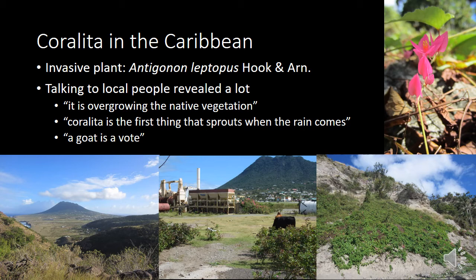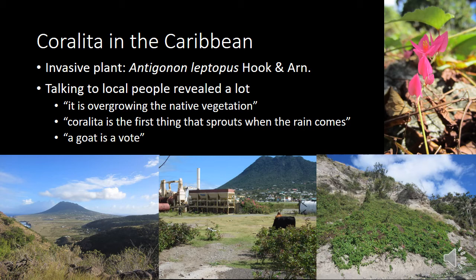What turned out to be the issue was that there was a lot going on on this island that didn't have anything to do with the Corallita, but Corallita was kind of the result of it. I got an opportunity to go there while studying with Tinde and doing this as my bachelor thesis. I talked to the local people about this plant and their experience with it.